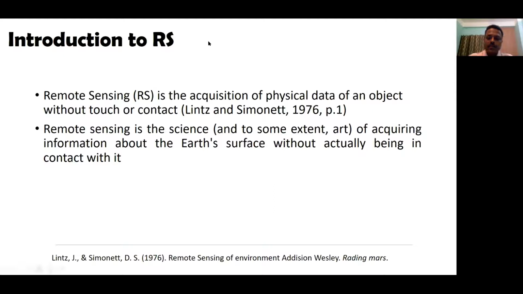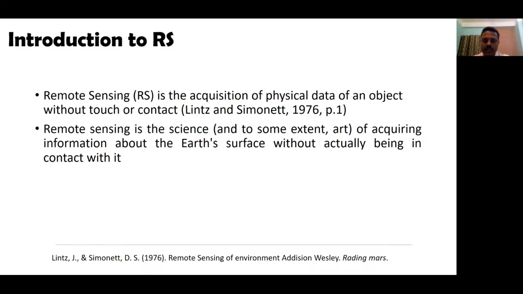So when we are talking about remote sensing, basically we are interested in gathering this type of information which is scattered on the surface of the earth, or information that we can get from the atmosphere. Remote sensing is a science, and also an art.